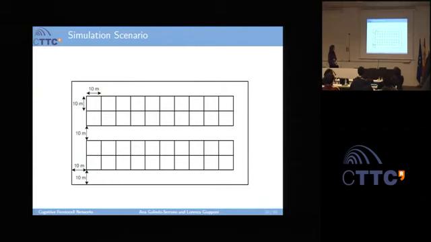And then the femto base stations are deployed following the dual strip model, where this represents a building with 2 blocks of apartments, and there is a probability distribution which determines whether inside an apartment there is a femtocell or not. We also assume that femto users are always indoor.